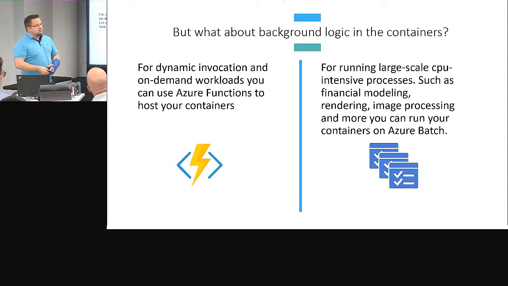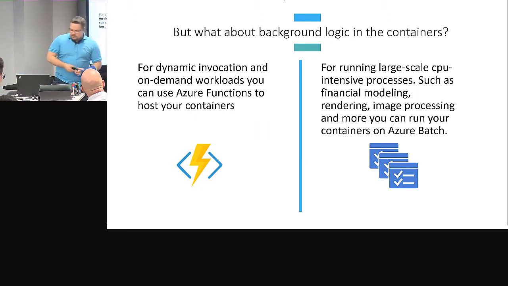Other option, how many of you know Azure Batch? Very few, but great, a few knew. So Azure Batch, if you do not know, is meant for large-scale CPU-intensive processes.